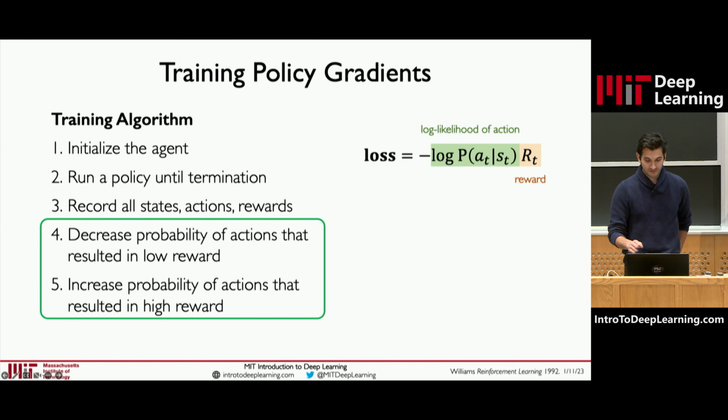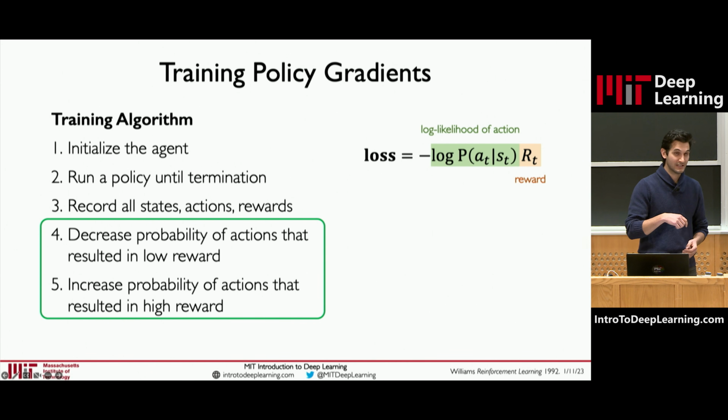Now, let's assume that we got a lot of reward for a particular action that had a high log probability, or a high probability, right? If we got a lot of reward for a particular action that had high probability, that means that we want to increase that probability even further. So we do it even more, so there's even more likelihood we sample that action again into the future.